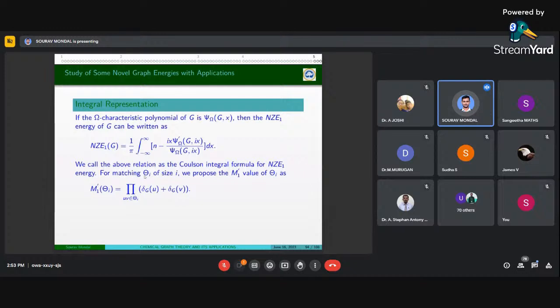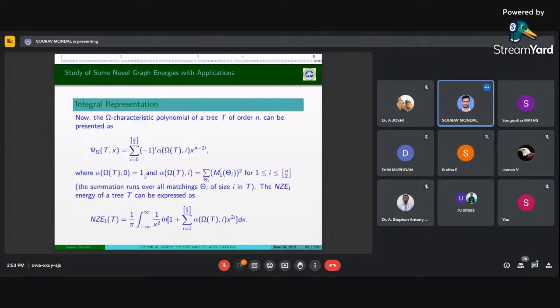Results can be obtained by using the Cauchy residue theorem and contour integral. And this is the integral representation of NZ1 for the class of all tree graphs.